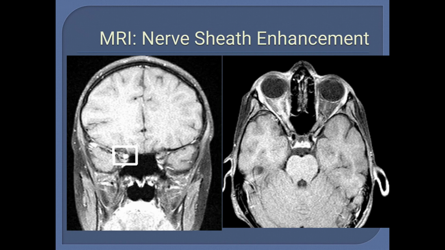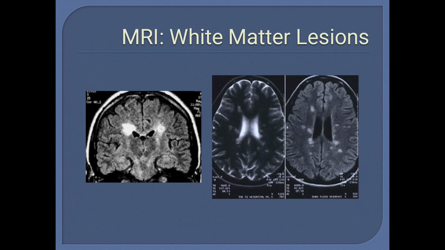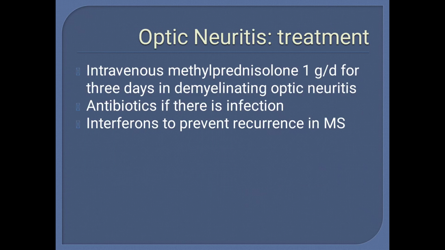There will be nerve sheath enhancement seen in optic neuritis, and there are demyelinating plaques, which are very characteristic of multiple sclerosis or demyelinating diseases, that can be picked up very easily by MRI.